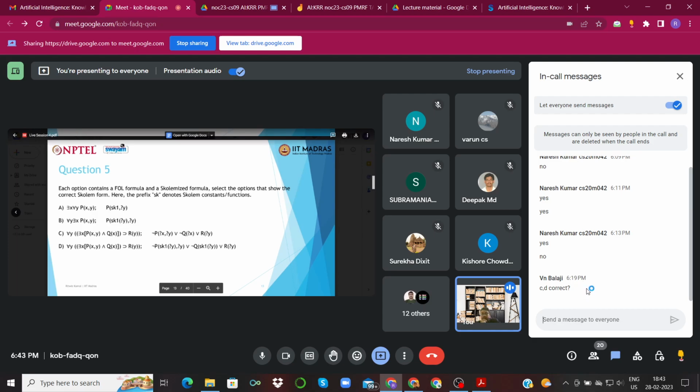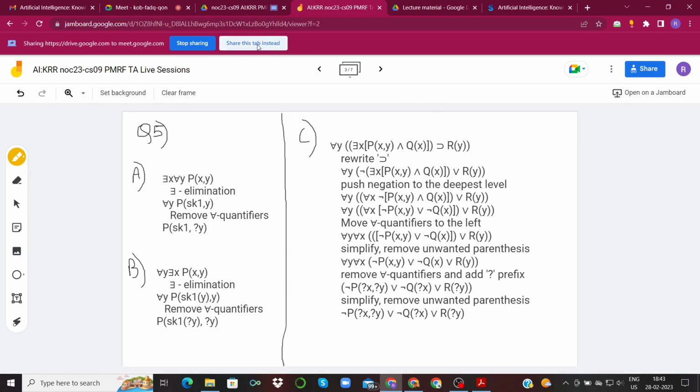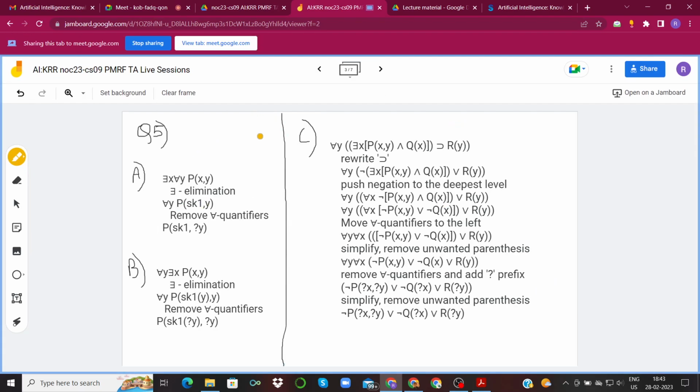So you can first simplify this, right? So just to go over options A and B once, this is what we are doing over here, just like we discussed. Now option C, okay.